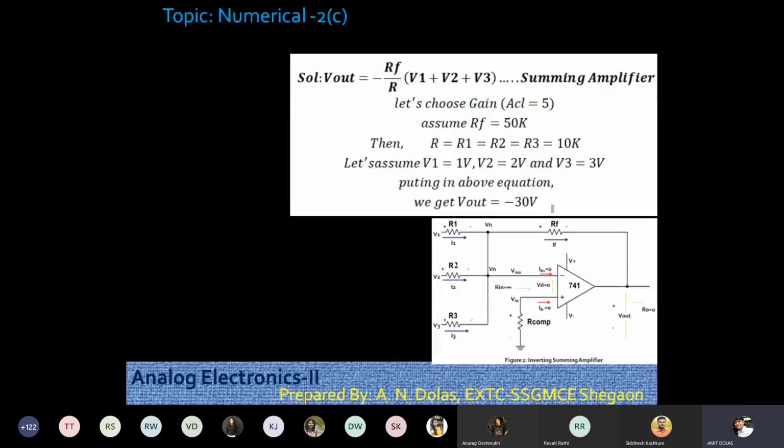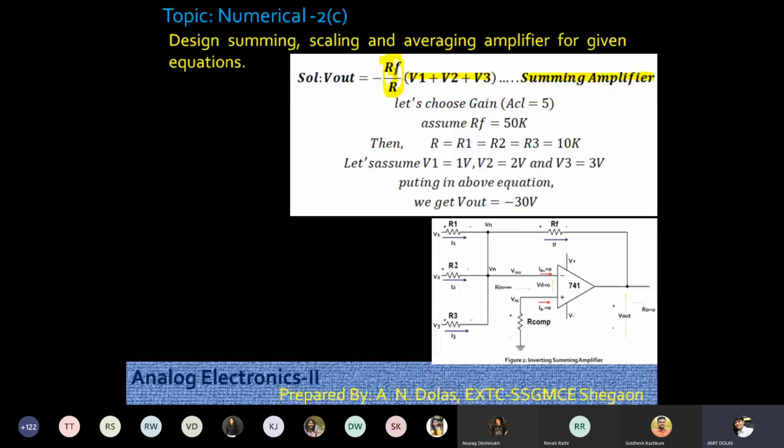Next, the third part is the summing amplifier, where we are performing the addition of 3 sources and amplification. For this we will have a gain for this circuit, and the gain is decided by the components feedback resistance RF and R. Again, nothing will be given.